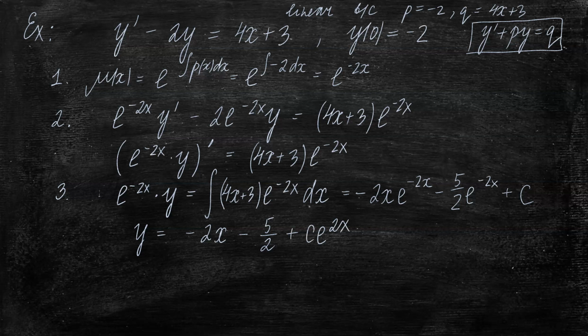However, remember, we had the initial value. So we have an initial value problem here, and to solve the initial value problem we have to determine the value of c that satisfies that condition. So we're going to plug in 0 for x, and we're going to get on the left side -2.